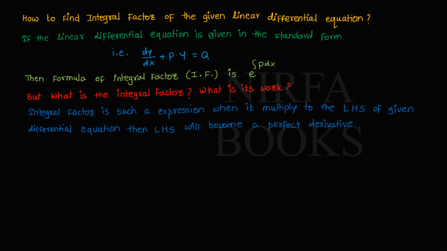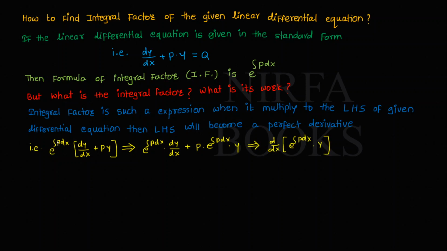For example, suppose e to the power integration p dx, this is the integrating factor, is multiplied to the left hand side of this equation. Then after simplification we will get these two terms, and you know that these two terms are nothing but the derivative of this product.